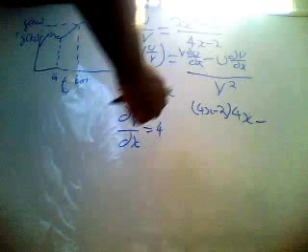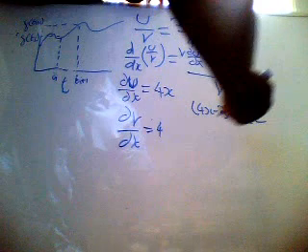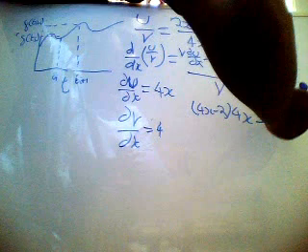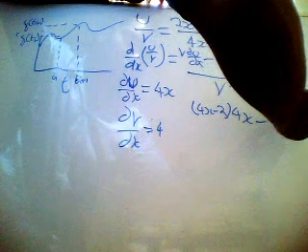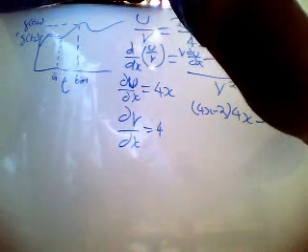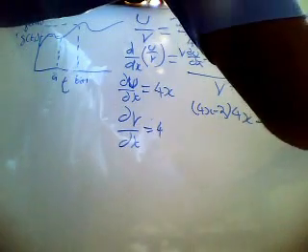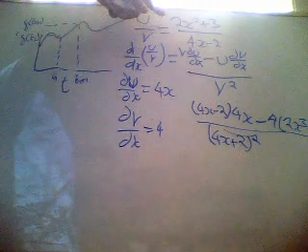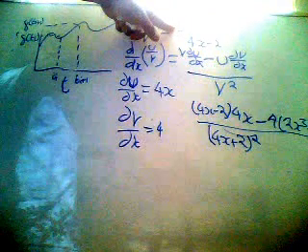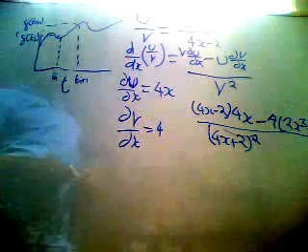Now we're going to subtract u times the derivative of v, which is 4, times 2x squared plus 3, and over, sorry, 4x minus 2 squared. And that is how to differentiate a function that is of this form.